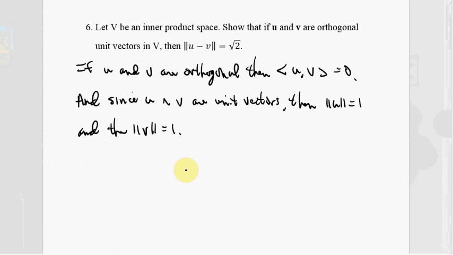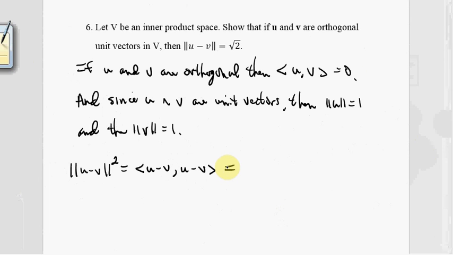All right? So, I have the norm of U minus V, which you recall is the distance between U and V, but it's also the square root of the inner product of U minus V with U minus V. So if I square it, I get rid of the radical. So if I square this, this is the inner product of U minus V with itself.